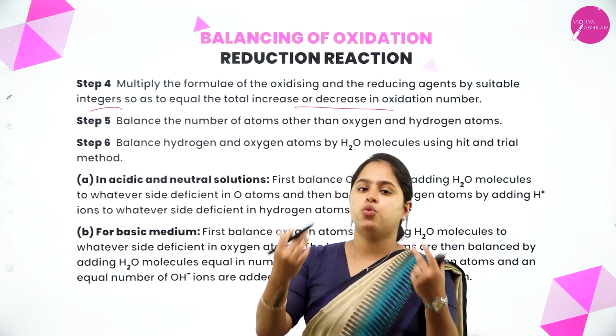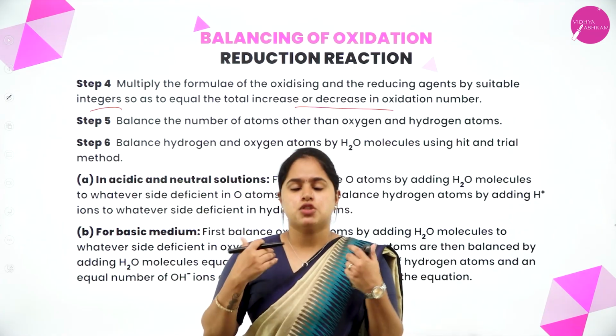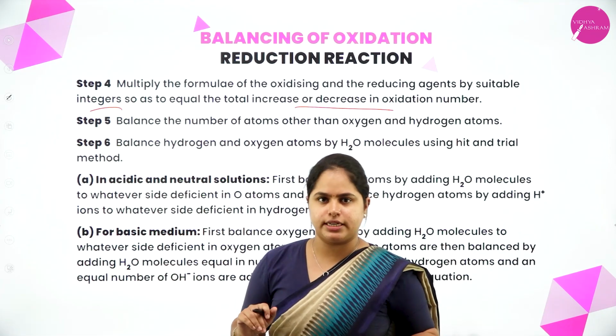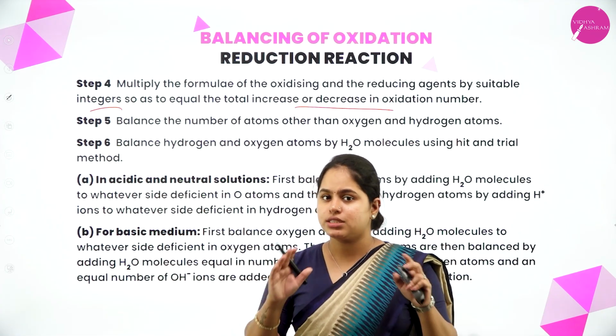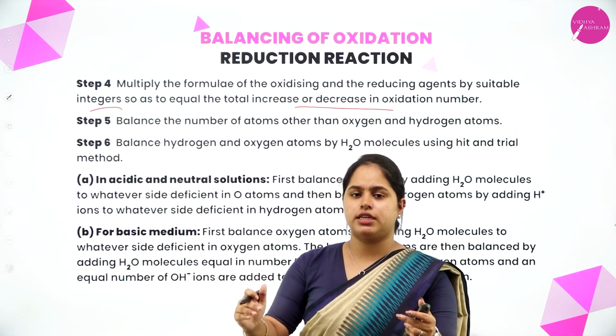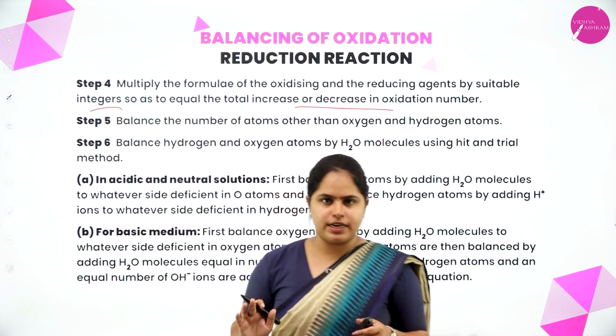So once we start doing the problems based on that, this will be clear, okay. So in both reactions, it must be equal. The increase or decrease in oxidation number must be equal in both the reactions, that is oxidation as well as reduction.